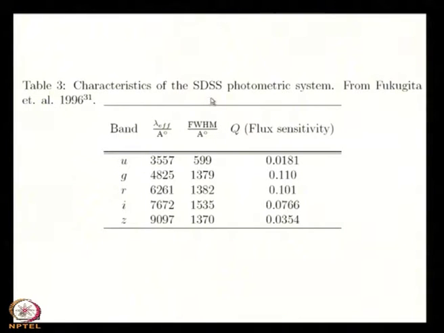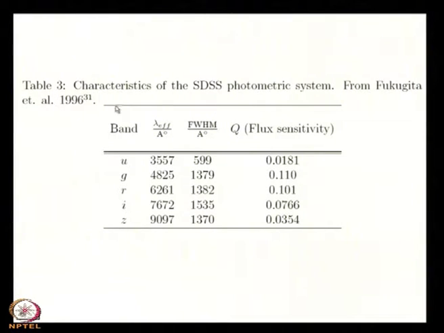It shows you the photometric system that was used in the Sloan Digital Sky Survey. They have not used these UBV bands for any astronomical source in the sky. This has surveyed the entire sky, or most of the sky, maybe not the entire sky, but most of the northern sky at least.